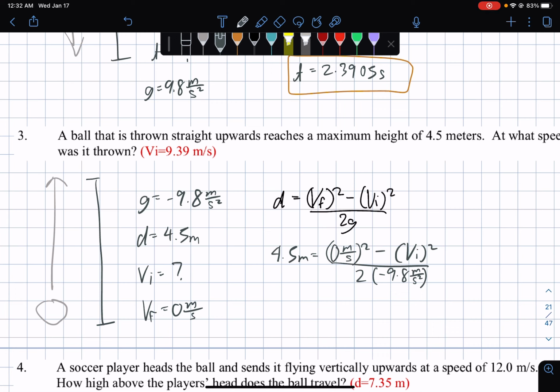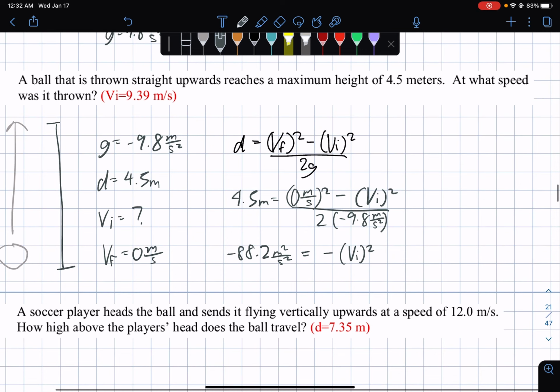Multiply both sides by negative 19.6. 4.5 times 19.6, we have 88.2. Don't forget the negative. And so negative will become positive.